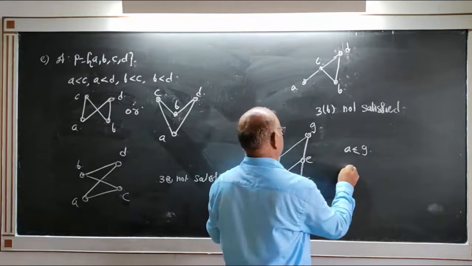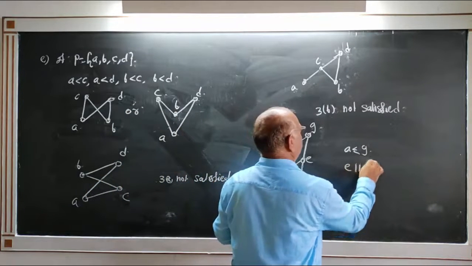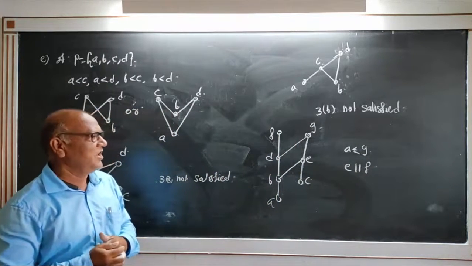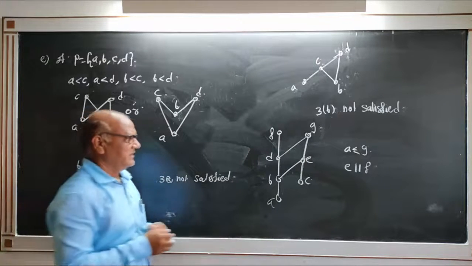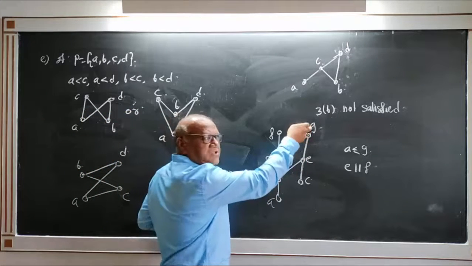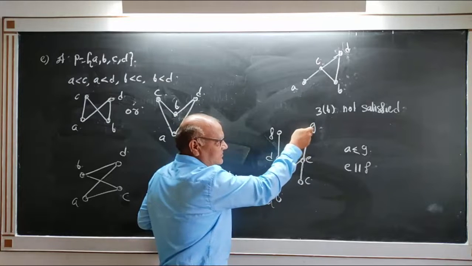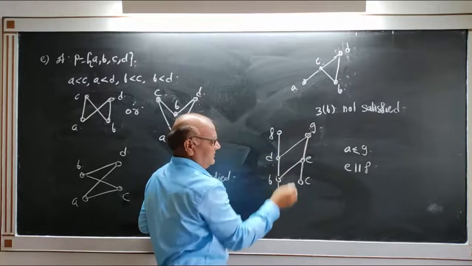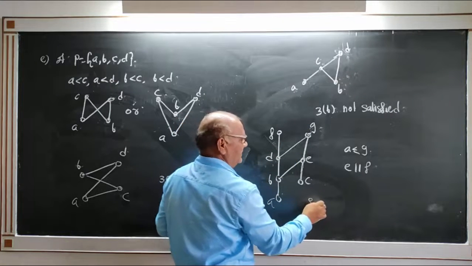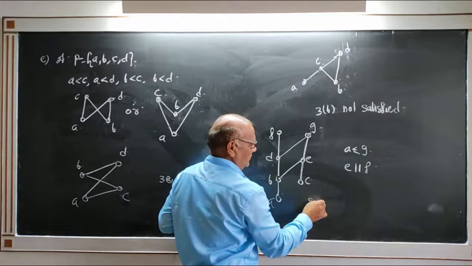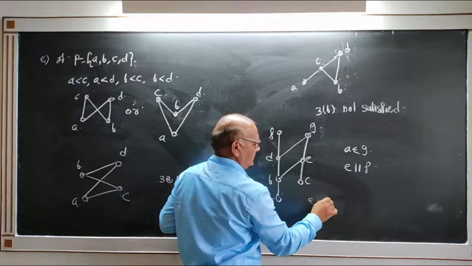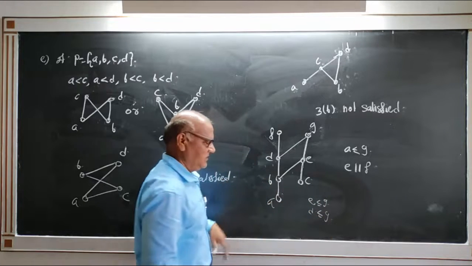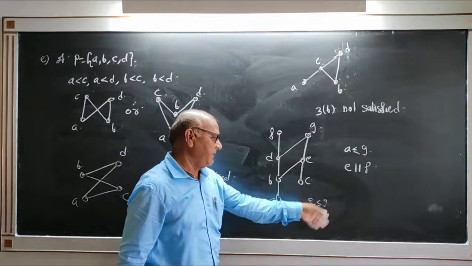Here also E is parallel to F. That means E and F are not comparable. Here E is related to G, but G is not related to D. D is related to G. The transitive property does not apply here.